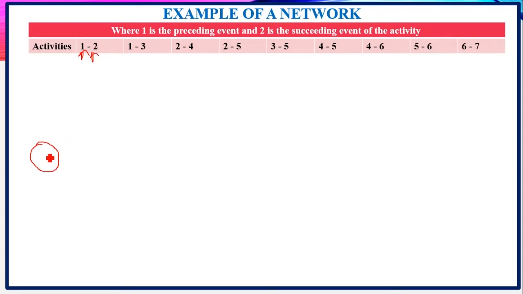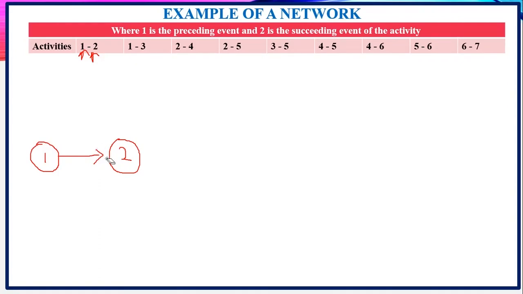So we have event 1 and another event that we are calling event 2, and this activity comes in between to lead us to event 2. Event 1 is connected to 2, and again 1 is connected to 3. So when you're drawing your network, you need to draw it in a manner that it is able to occupy all the events as they are.